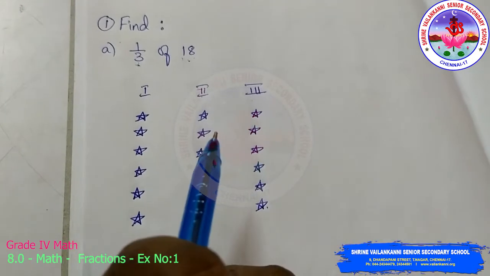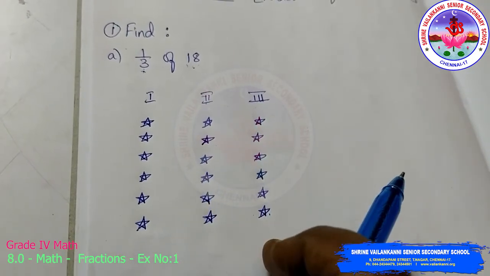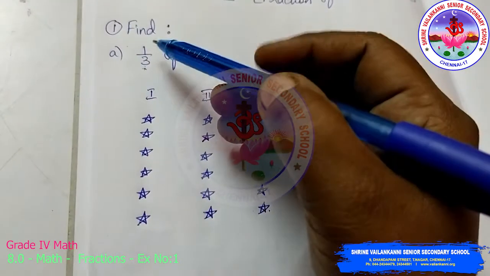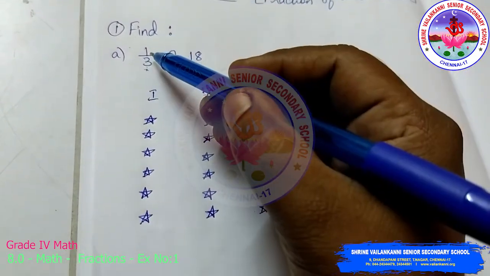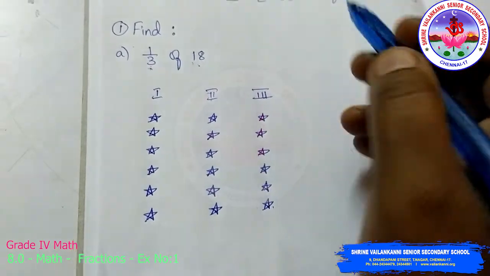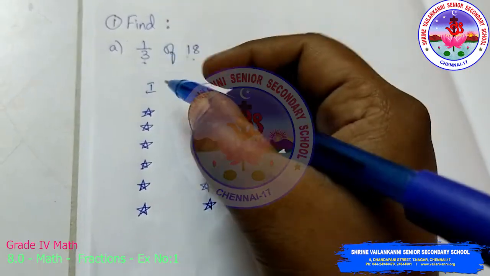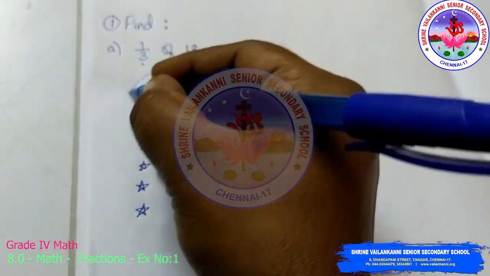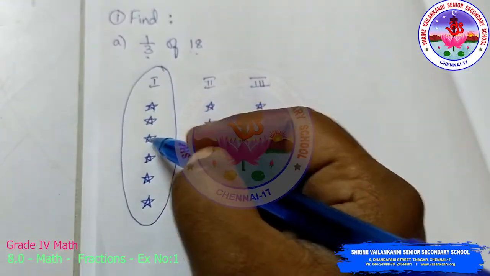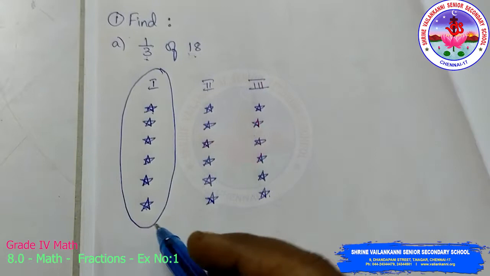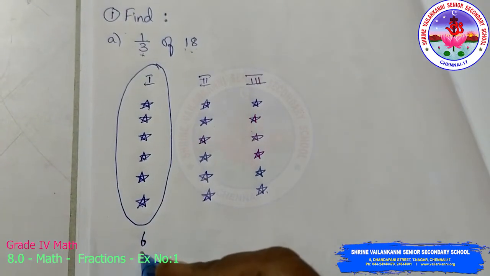After dividing into 3 equal parts, the numerator you are going to consider is 1. This 1 is nothing but your number of parts. So 1 means 1 part. In 1 part, how many stars are there? 1, 2, 3, 4, 5, 6. So this 6 is your answer.